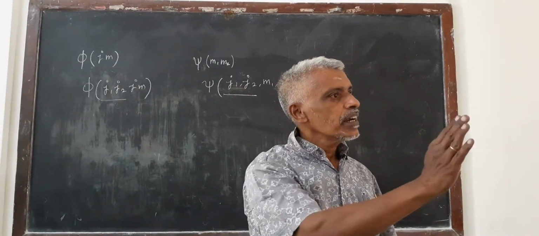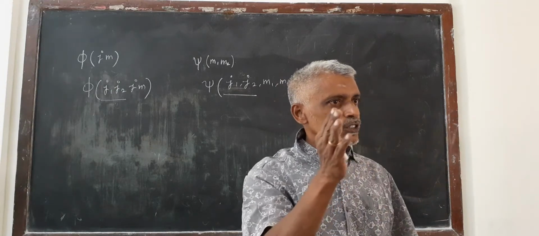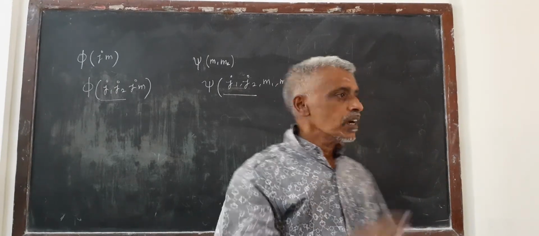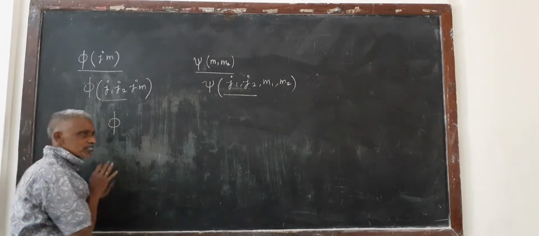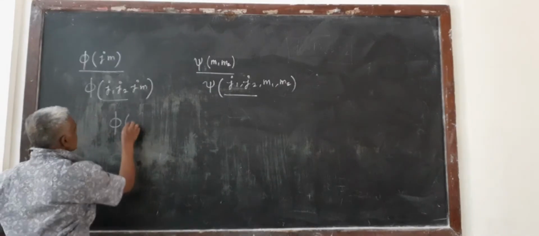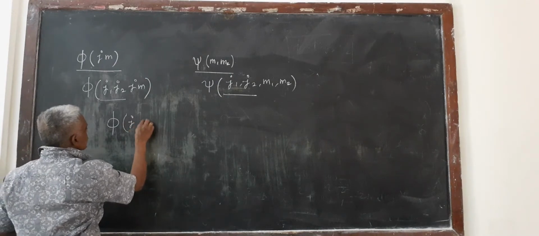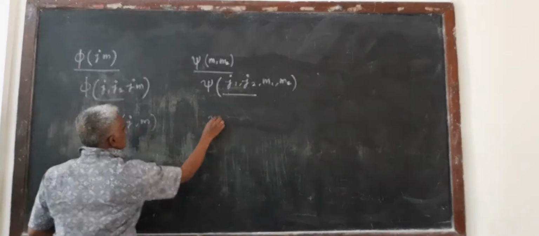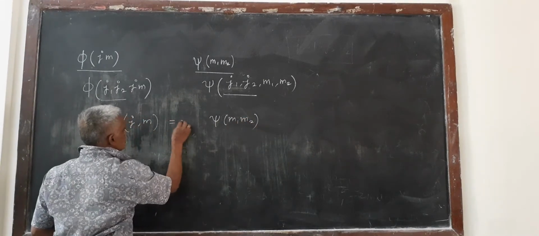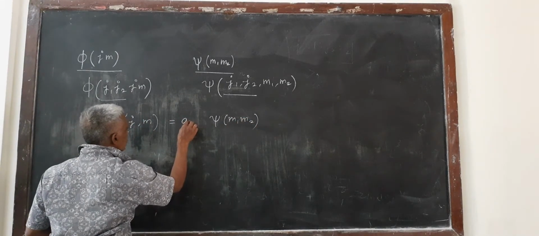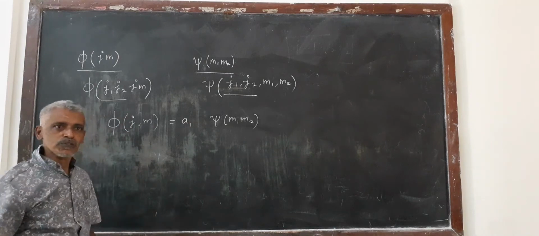So we can take away j1, j2 on both the sides. Reducing that, we have here now phi j m, psi. Now, as we said, it's a linear transformation. It could be like this, psi m1 m2. The linear transformation has to be equated with one coefficient, that is your Clebsch-Gordan coefficient.